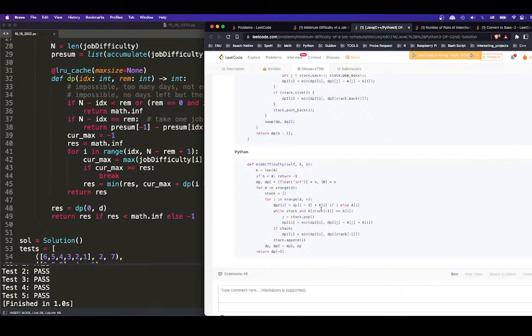If stack. Huh? I don't understand. For each, what's dp[i]?